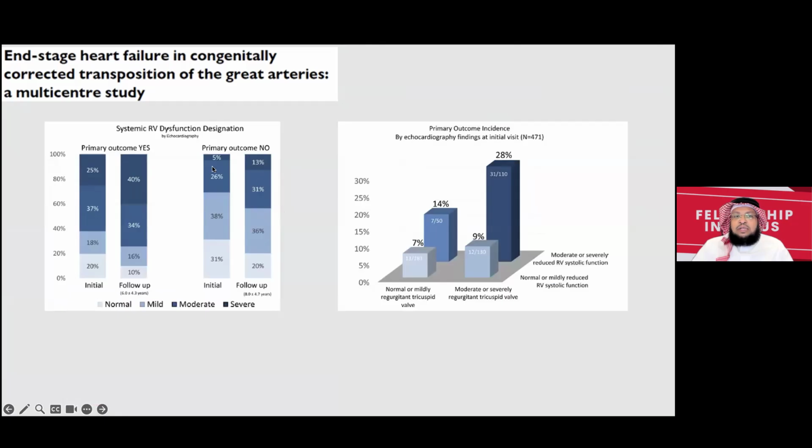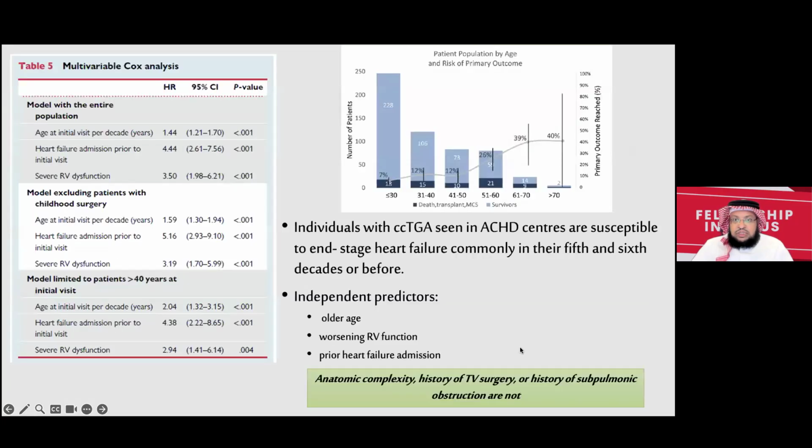Regarding ventricular function, the majority of those who met the primary endpoint had moderate to severe ventricular dysfunction, while the majority of those who did not meet the primary endpoint were normal or mild. Regarding tricuspid regurgitation and dysfunction at the initial visit, those who met the endpoint were mostly in moderate to severe dysfunction and moderate to severe tricuspid regurgitation.